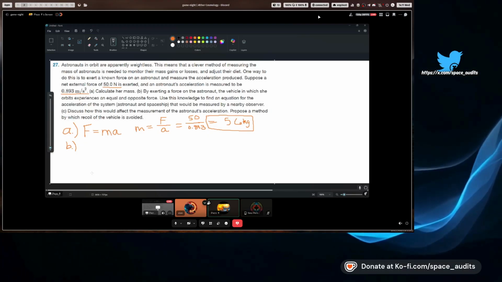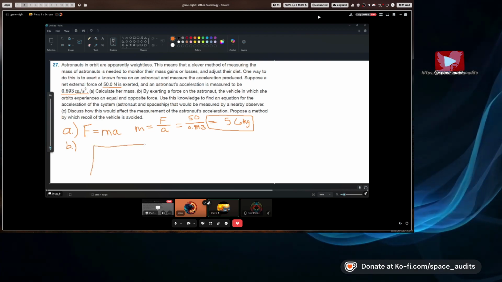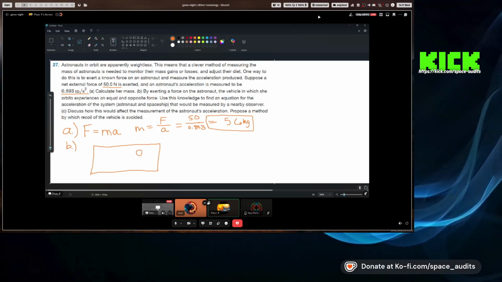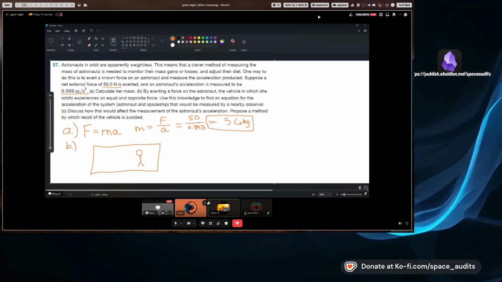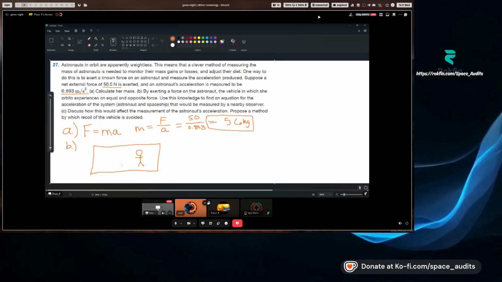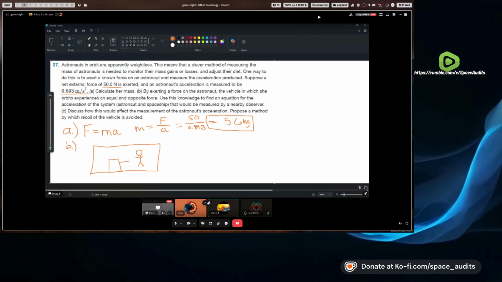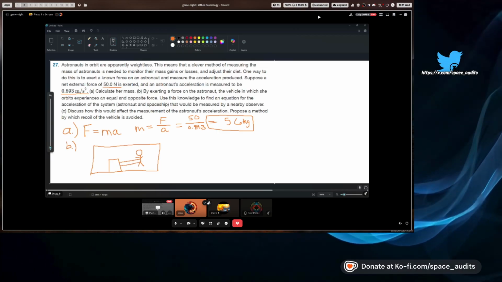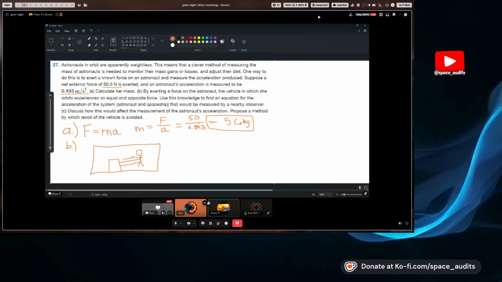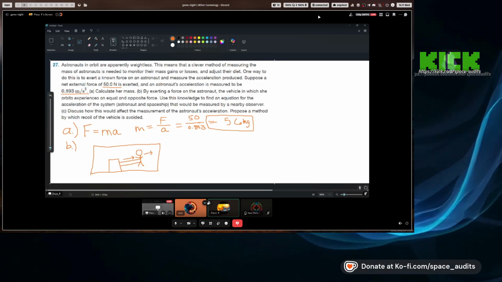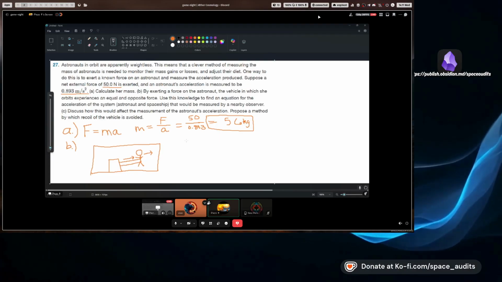I'm going to draw a box. I've got Miss Astronaut here, and then I've got a piston machine pushing her, right? And she gets pushed this way. That's what we just measured, how much she accelerated.